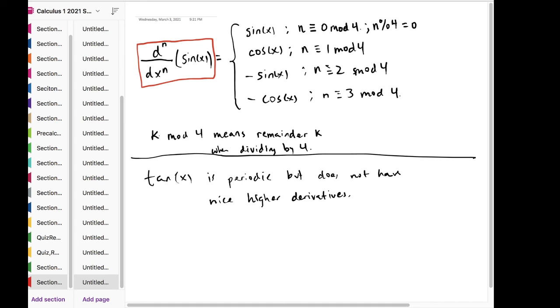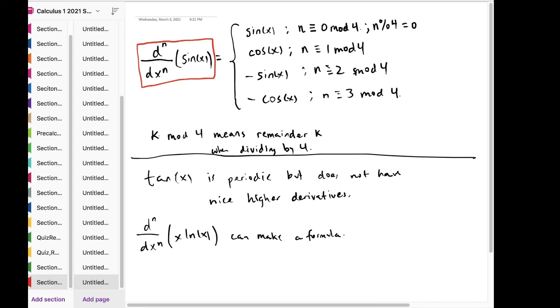When I taught Calc 2, I had this as an exercise. We haven't done this yet, or we won't, but you can find a formula for x times ln of x. But some functions are nice, and some functions are not so nice.